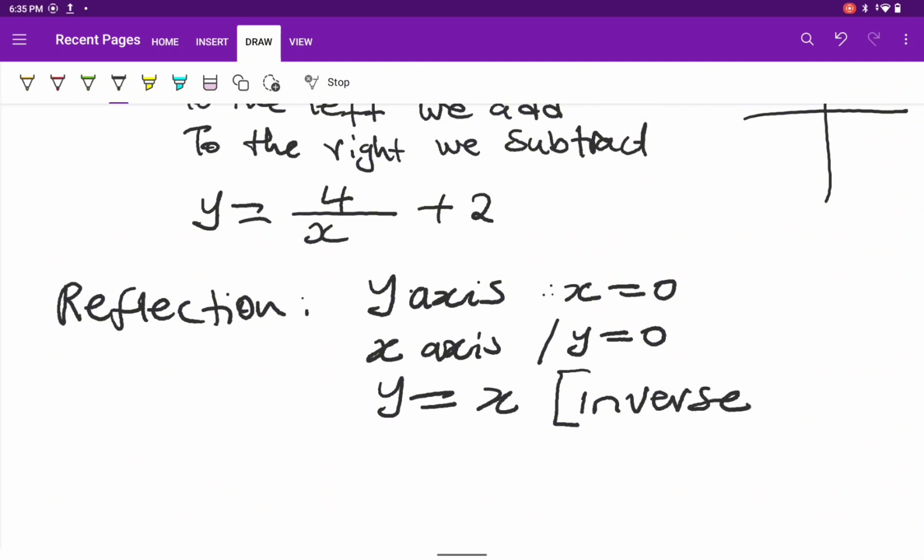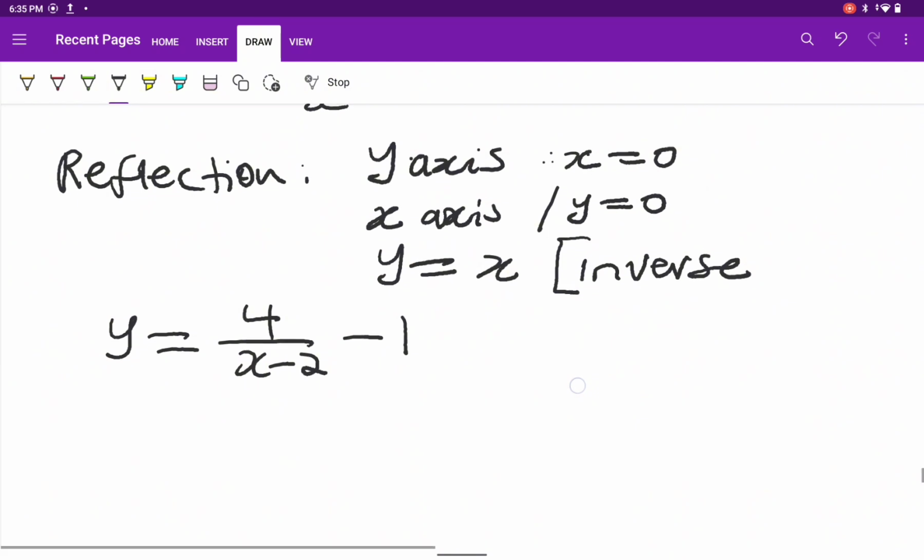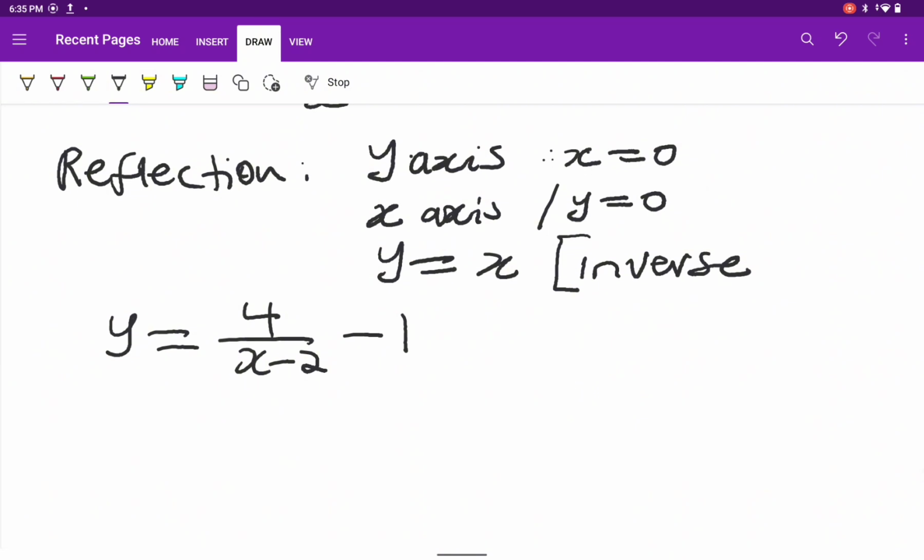Right, so let's look at the first one. So we still look at our function y equals to 4 over x minus 2 minus 1. Right, we reflect it along the y-axis. So when we reflect it along the y-axis, we need to remember that x changes the sign. So in other words, reflection along the y-axis, x changes the sign. So we are going to have the new equation as 4 over minus x minus 2 minus 1.